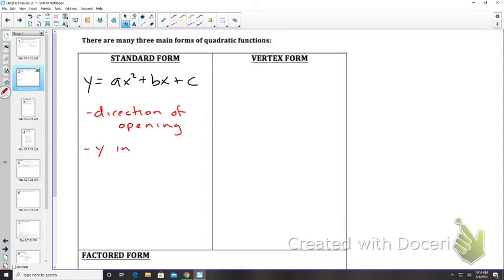Using what we just talked about, if you know two points that have the same y-coordinate, you can find the axis of symmetry that way. The y-intercept is going to be your c value, and that is our A value.